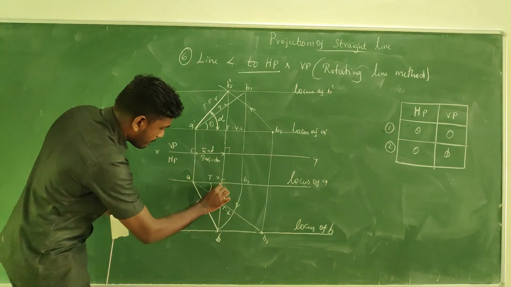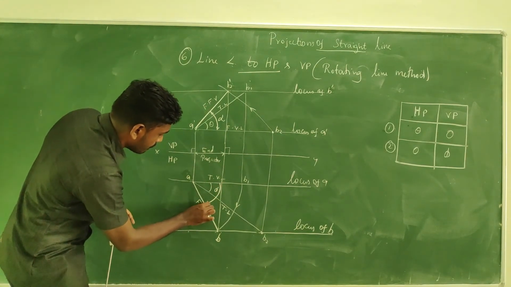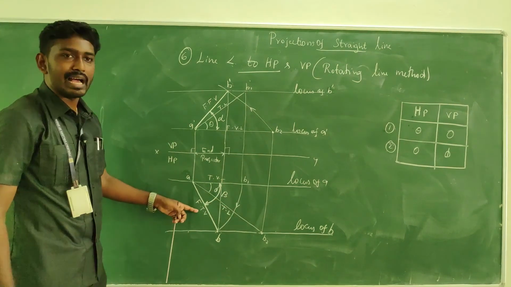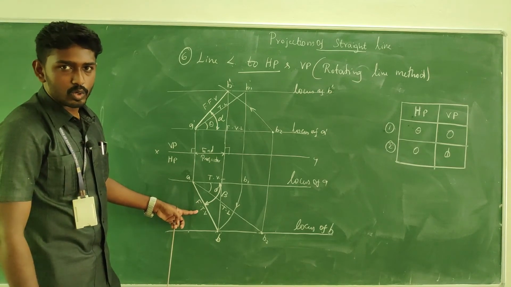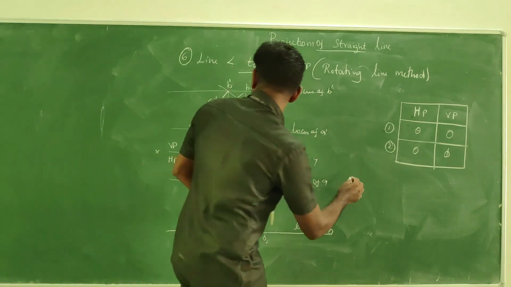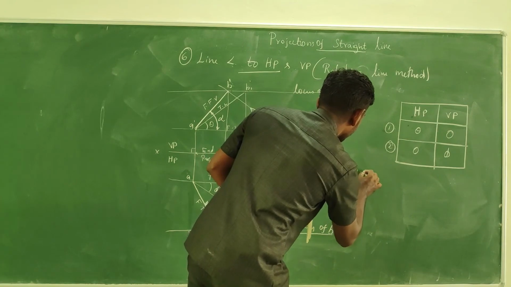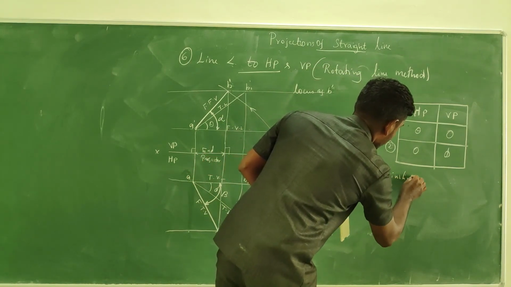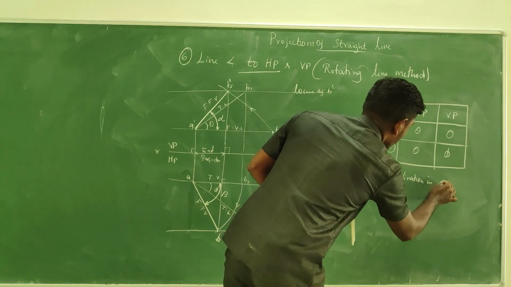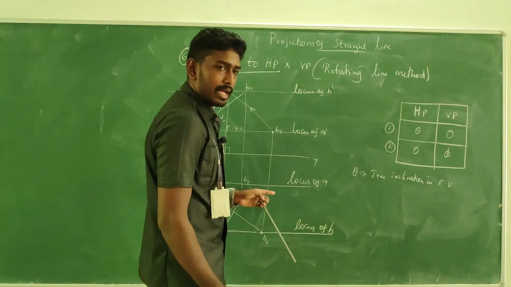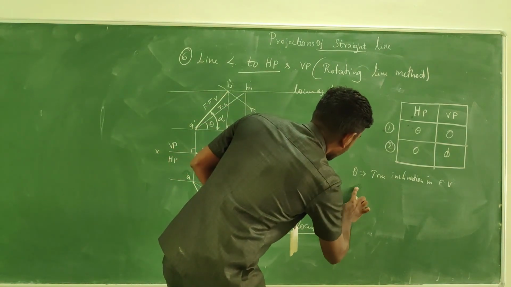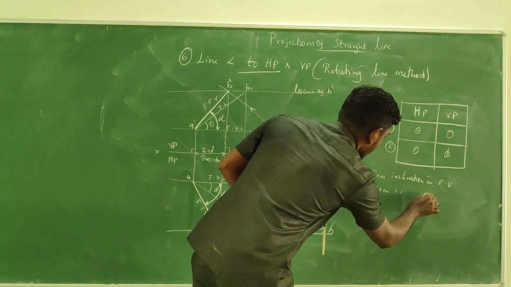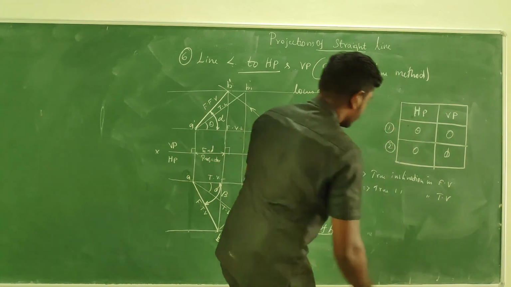Here the final top view makes an inclination, we call it beta, which is the apparent inclination in the top view. Theta is nothing but the true inclination in front view, and pi is the true inclination in top view.